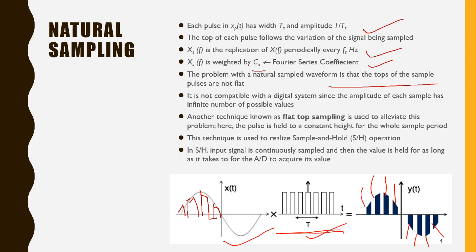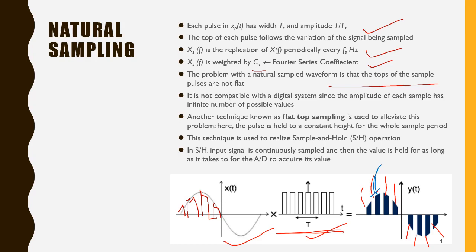This flat top present for a sample can generate an infinite number of possible values when we go for the quantization process, but we don't want to end up with a problem of generating many values. Instead we want one single amplitude value, which we can achieve by another technique called flat top sampling.